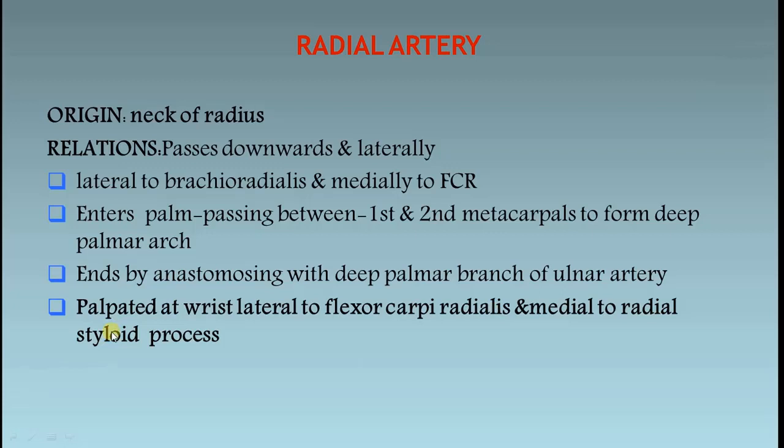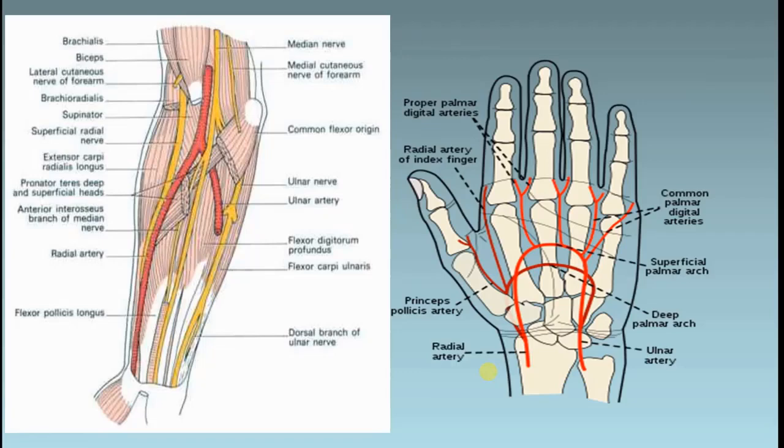You can palpate this artery at the wrist, lateral to the flexor carpi radialis and medial to the styloid process. Okay, pulsations. Peripheral arterial pulsation: the radial artery is one of the arteries where you can measure the pulse. You should remember that mainly for pulsations.